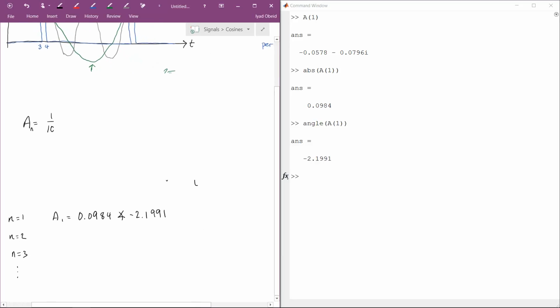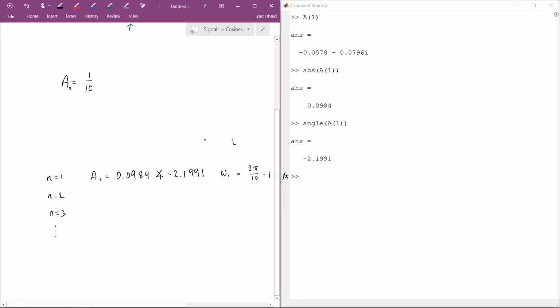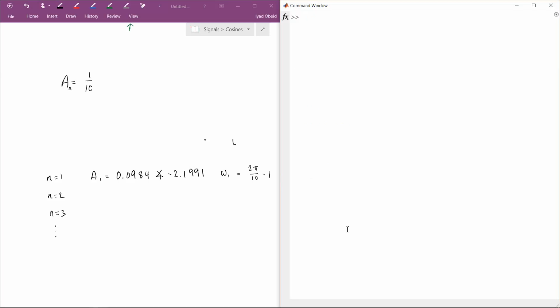And again, that corresponds to a frequency of omega 1, which is 2 pi over 10 times 1 radians per second. Okay, so let's repeat this process quickly for A2 and A3.